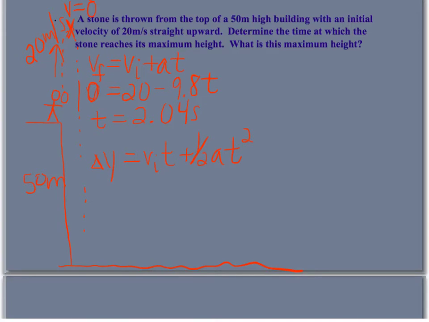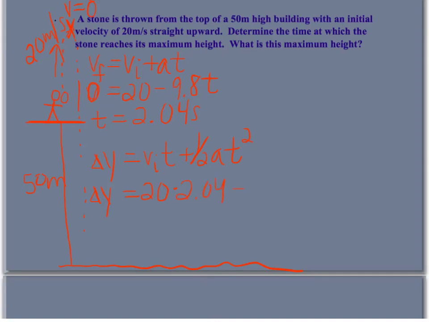If we call the top of the building our initial position, or maybe call that the origin, we could just find the height that the stone will reach above that position where our initial velocity is still those 20 meters per second. The time now for it to reach the peak we now know is 2.04 seconds.